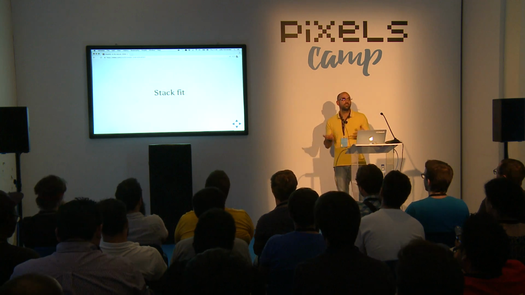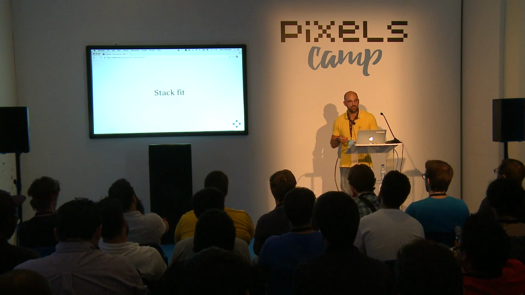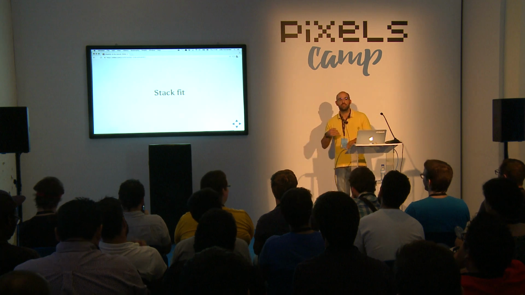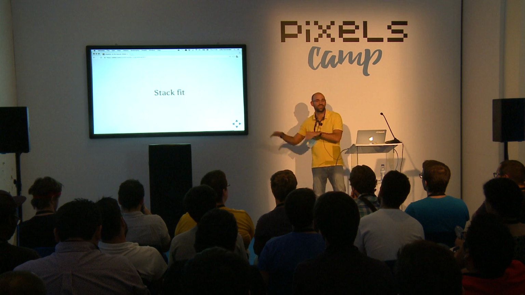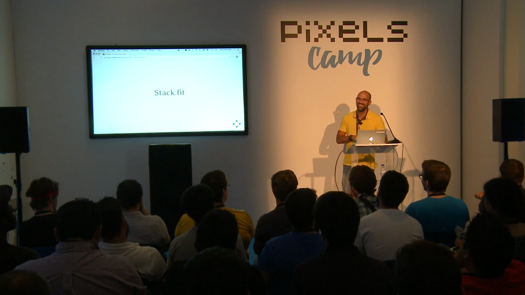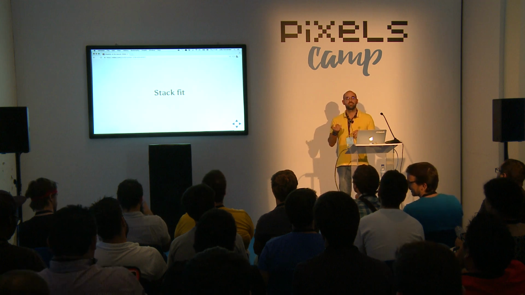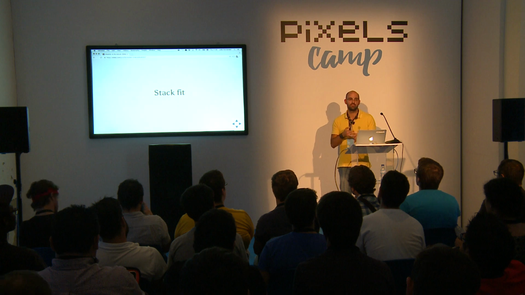Then stack fit. How does this fit into your technology stack? I know that the JavaScript world is a fairly complicated world. On the front end, I don't even want to hear or be near it because I hear nightmares about it. But you have to think, for instance, Relay only works with React.